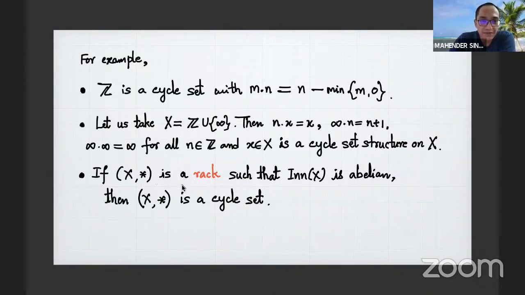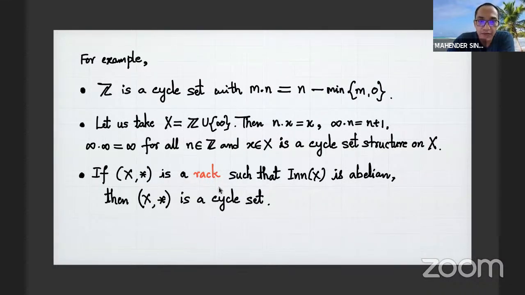So the most interesting example here is a rack. A rack is a set with a binary operation such that the left multiplication by each element is a bijection, and it satisfies the left distributivity axiom. Racks are not just that: racks also give invariants for framed links.